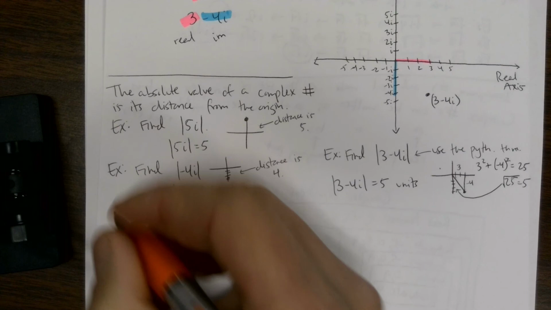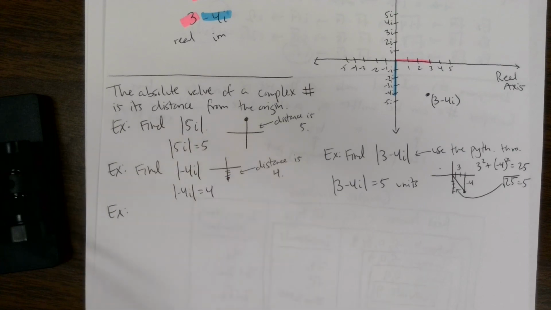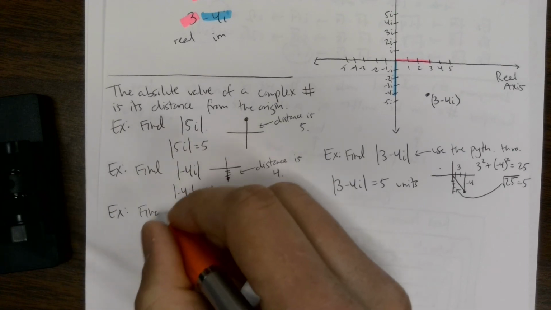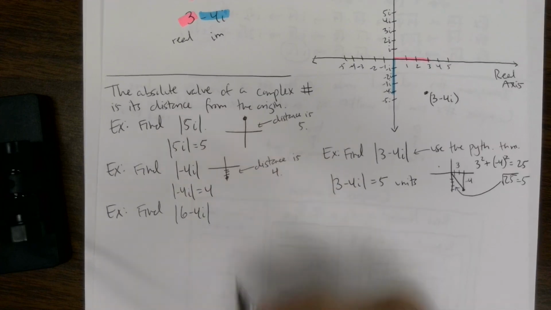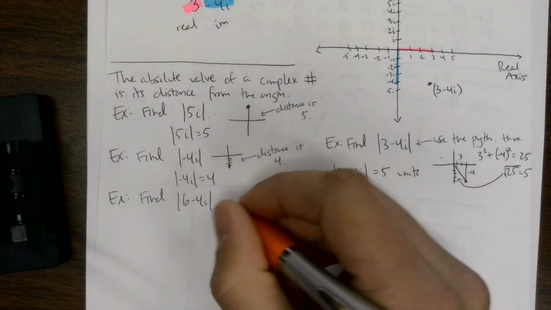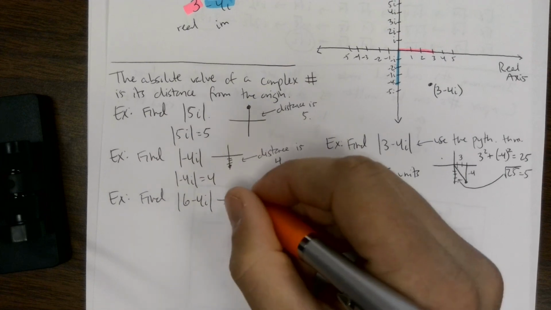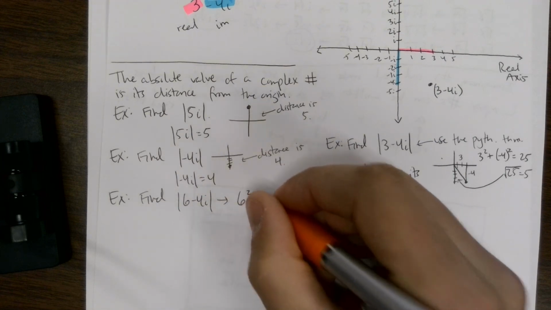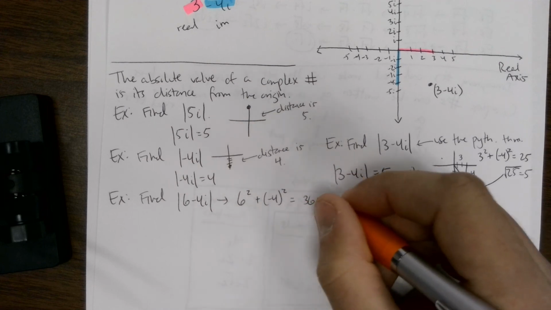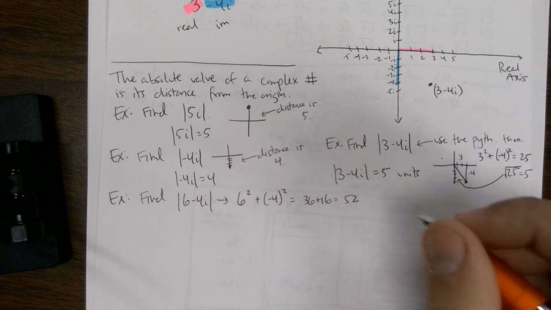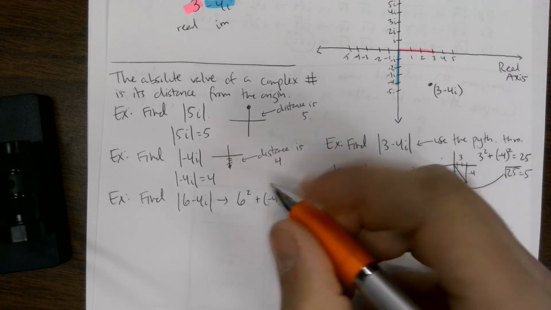Okay, another example. Find the absolute value, or the absolute distance, of 6 minus 4i. I can just do 6 squared plus negative 4 squared. That's 36 plus 16, so that's 52. Then I would take the square root of that.